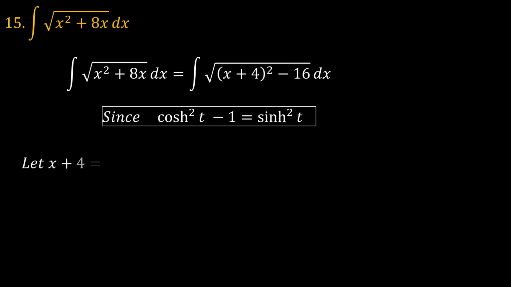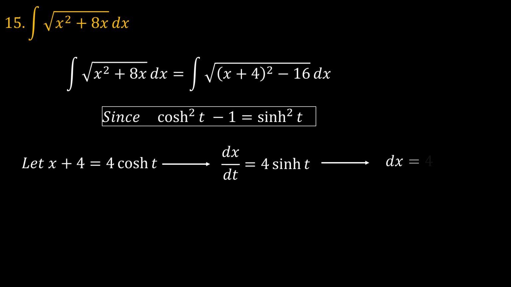So that's what we did. We're going to say let x plus 4 be equal to 4 cosh t, such that dx dt is equal to 4 sinh t, and that means that we can substitute for dx with 4 sinh t dt.